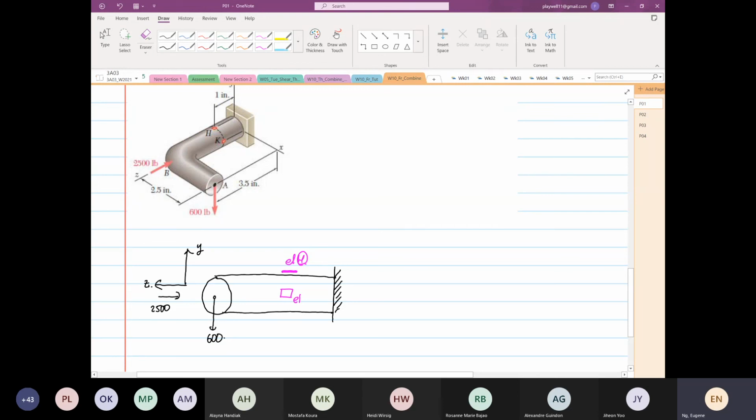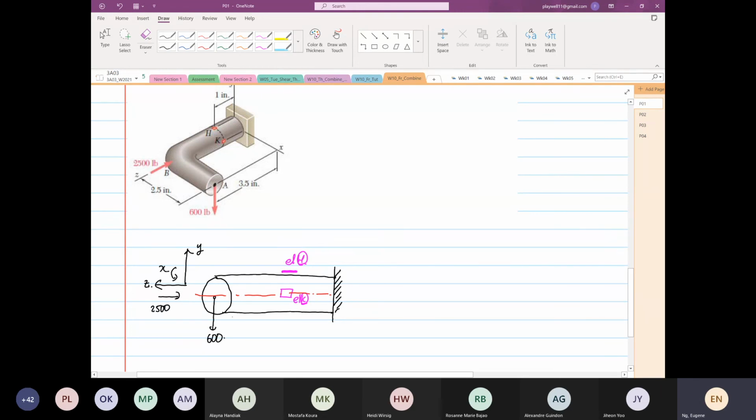Okay, so element K. For this case, I will construct my neutral axis. The 600 is going to cause a moment in the x direction.